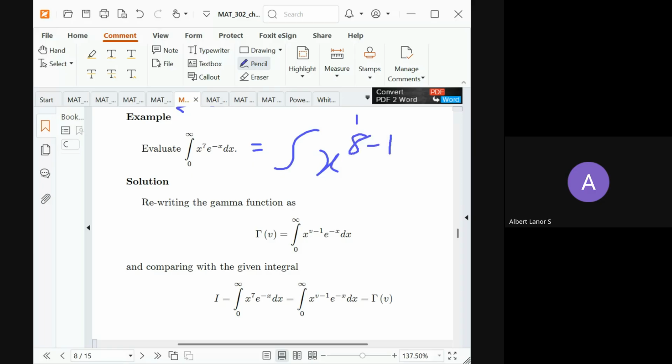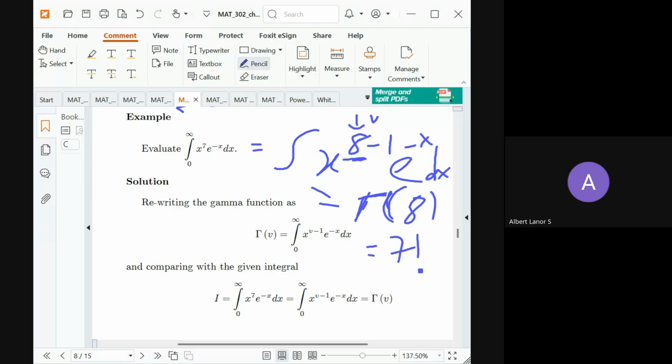Remember that this value here is our v, the value that we are using for the gamma. And this is equal to gamma of 8, because v here is 8. Now, gamma of 8 is equal to 7 factorial. So clearly the integral of this function will be equal to 7 factorial.